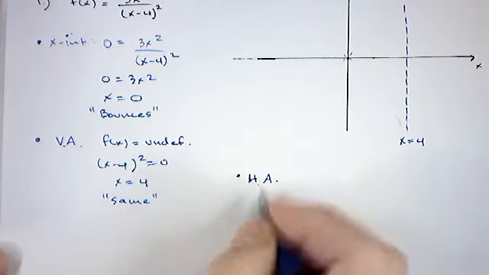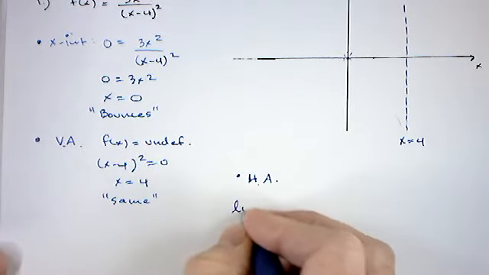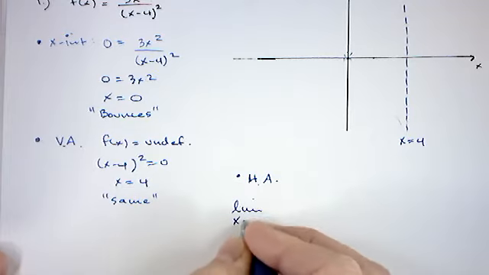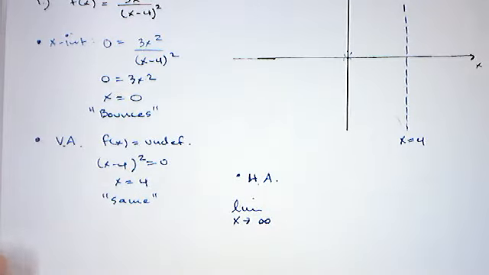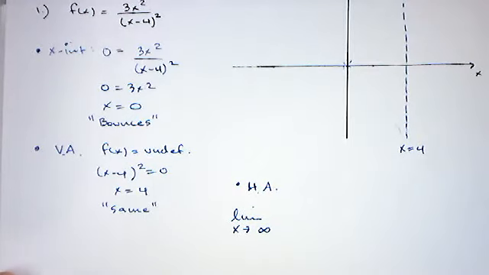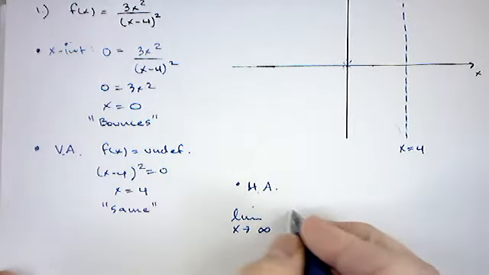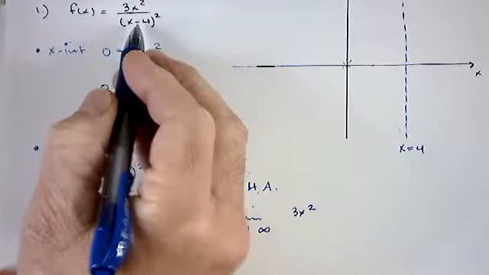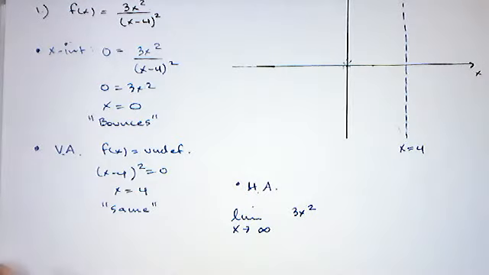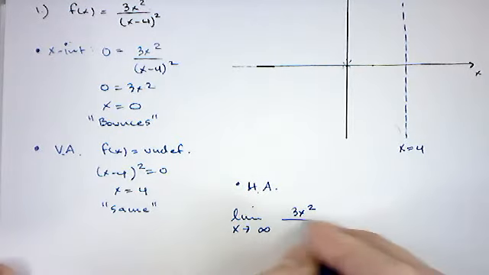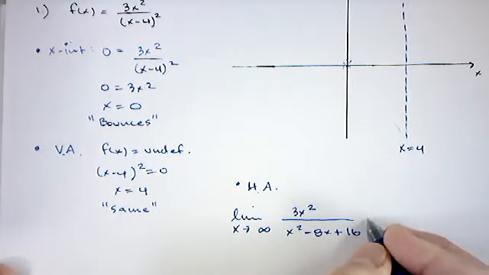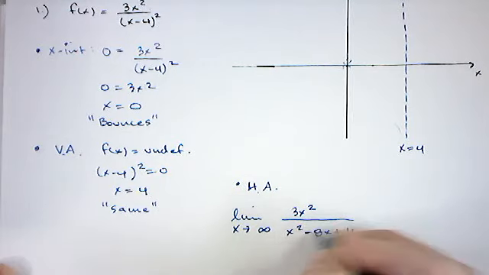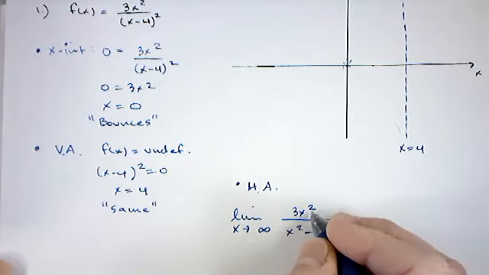For our horizontal asymptote, we want to think about what happens to our function as x goes to plus or minus infinity. I always start with positive infinity. What you would want to do in this situation is expand out the denominator, FOIL that out. x minus 4 quantity squared would give you x squared minus 8x plus 16. Both the numerator and denominator are going to get really big as x goes to infinity.